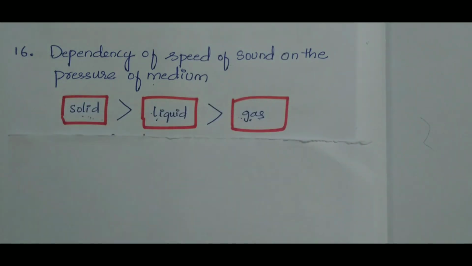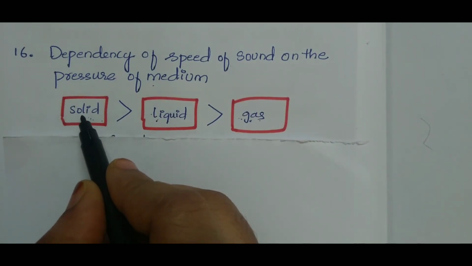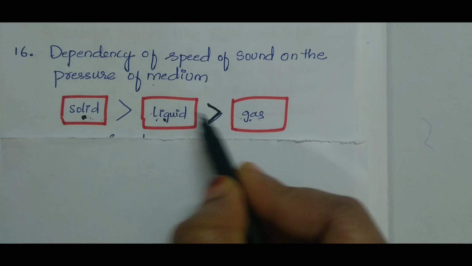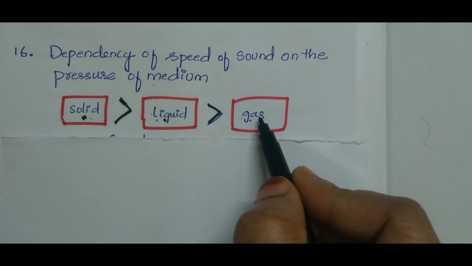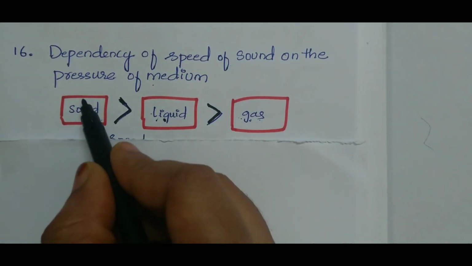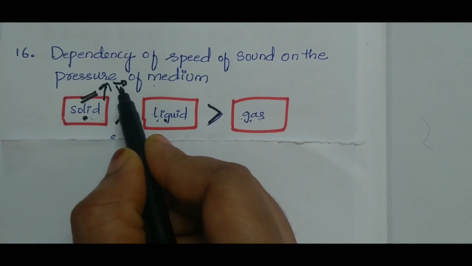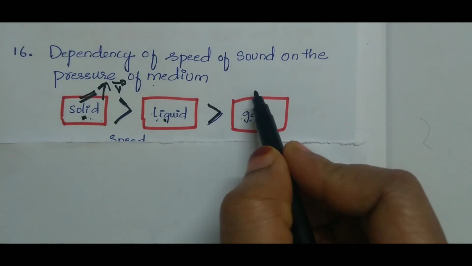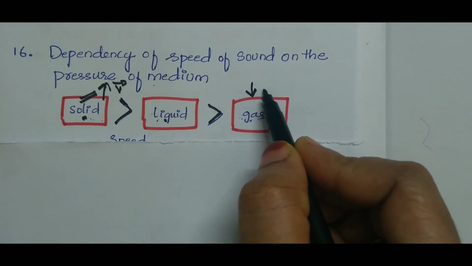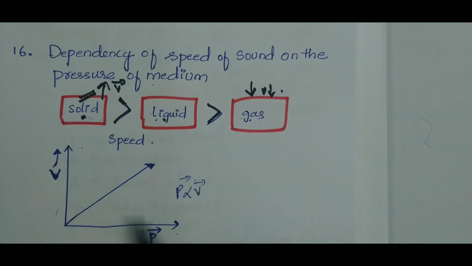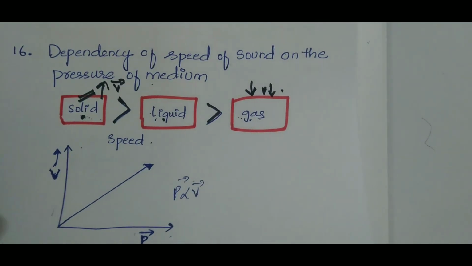Note that the speed of sound is greatest in solids, then comes liquid, then gas, so it is lowest in gas. Therefore, as the pressure increases, the velocity of sound also increases. As the pressure decreases, the velocity of sound also decreases. They are directly proportional to each other. Hope you understood this.